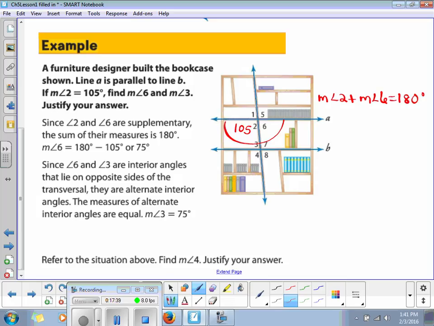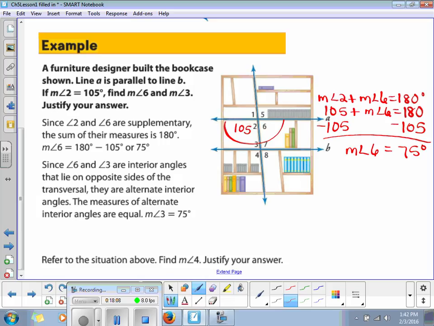So we substitute in. We've got 105 plus the measure of angle 6 equals 180. In order to find the measure of angle 6, we use our inverse operations, so we subtract 105 on both sides. So the measure of angle 6 is 75 degrees.